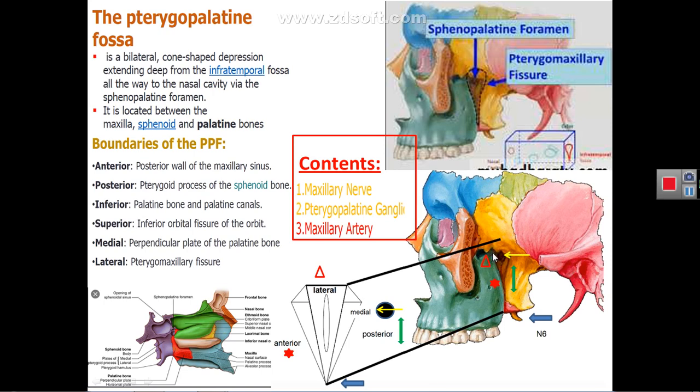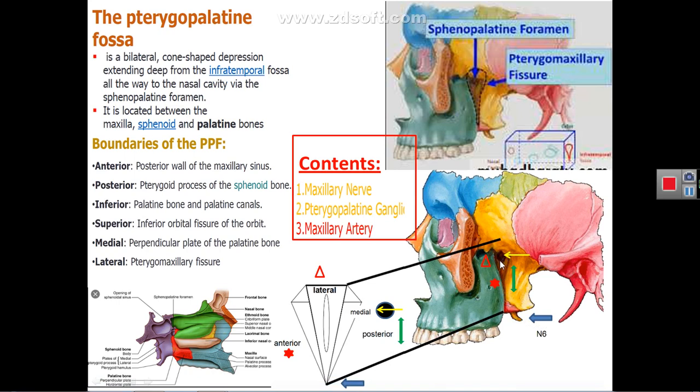Superiorly, the pterygopalatine fossa is formed by this fissure, which is called the infraorbital fissure. This fissure connects the pterygopalatine fossa with the orbit anteriorly. Inferiorly, here the apex of course, the pterygopalatine fossa is formed by the pyramidal process of palatine bone.